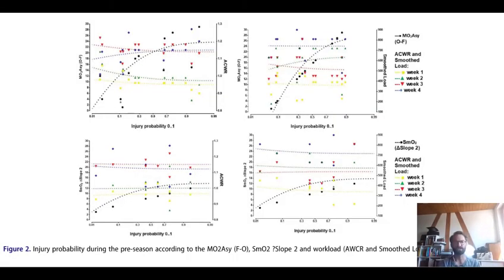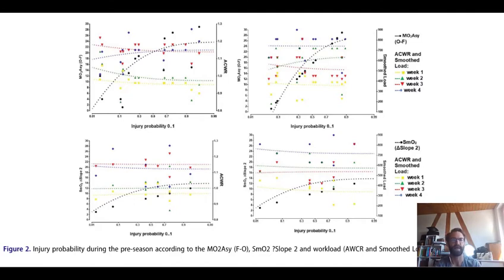When we look at some charts here, there are 4 graphs. The top 2 are the muscle asymmetry with the min point, and the bottom 2 are the muscle asymmetry of the slope 2. What you see is that as the muscle asymmetry gets higher in either the slope or the minimum point, injury probability goes up and up.